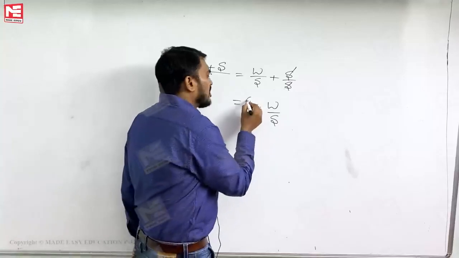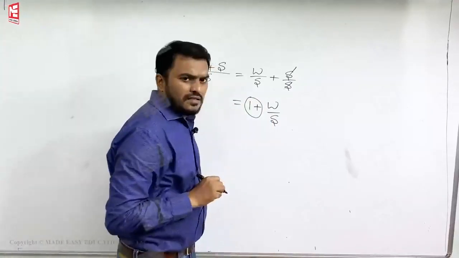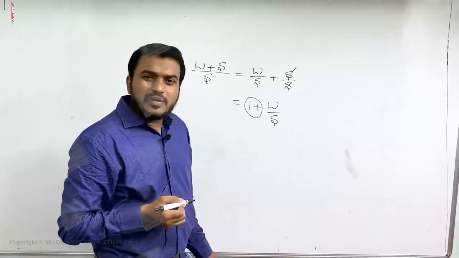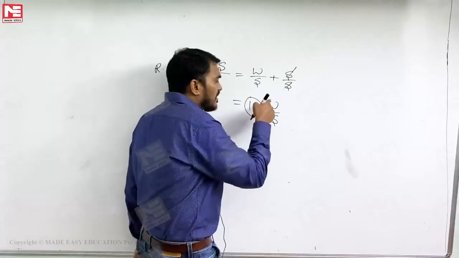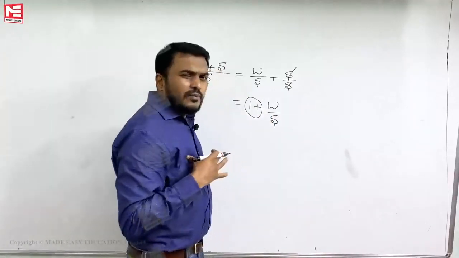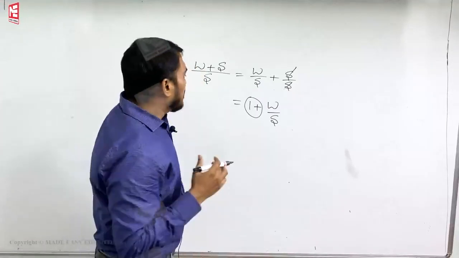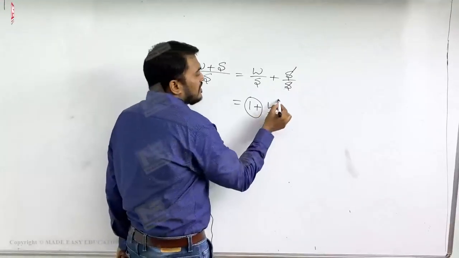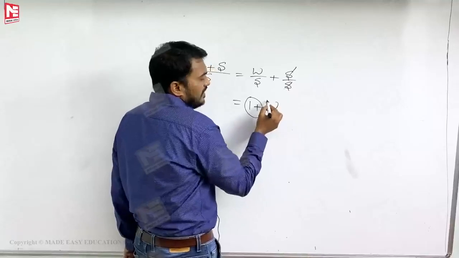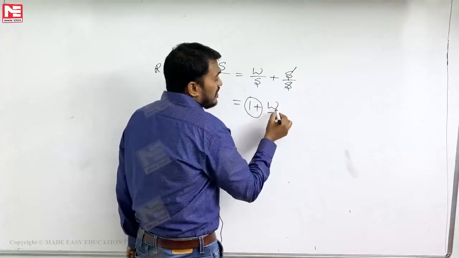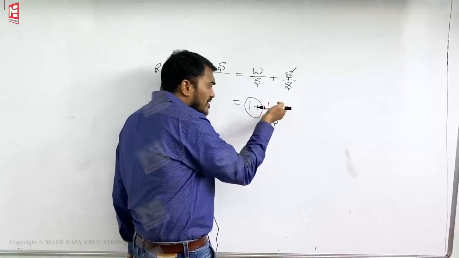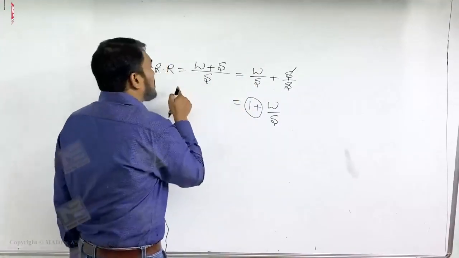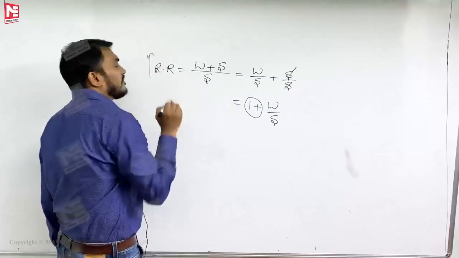So 1 is a constant, and it has no impact. But remember, indirectly the formula becomes W by S. Now W by S means, listen here: if the waiting time of the process is increasing, since it is in the numerator, then the response ratio will increase.